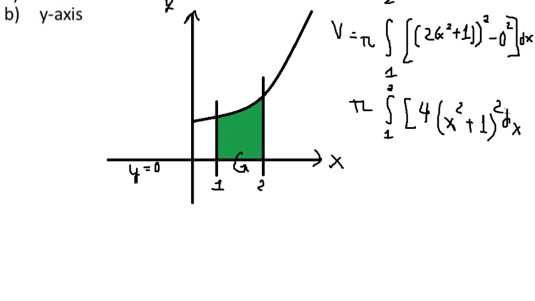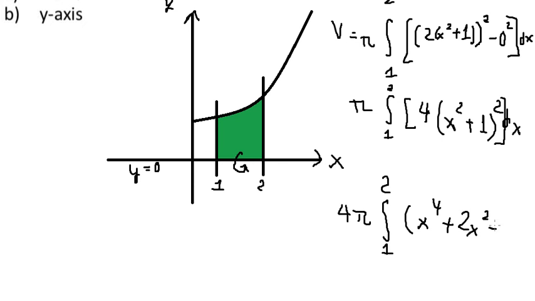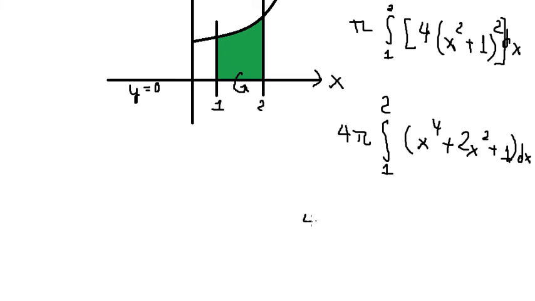So I will put number 4 outside, and you got 4 pi, and we have the integral from number 1 to number 2. This one we need to expand, and you got x to the power of 4 plus 2x squared plus 1 dx. And now we get the final answer.